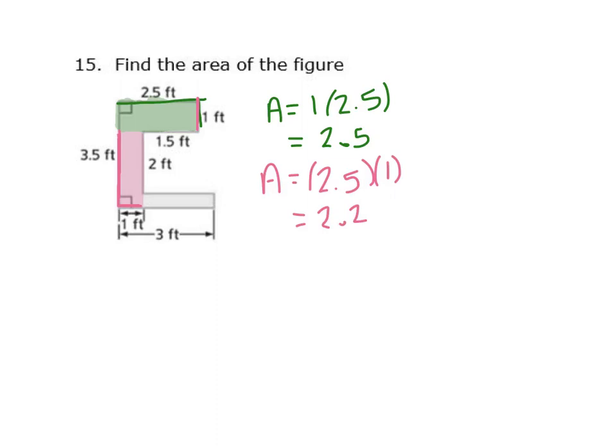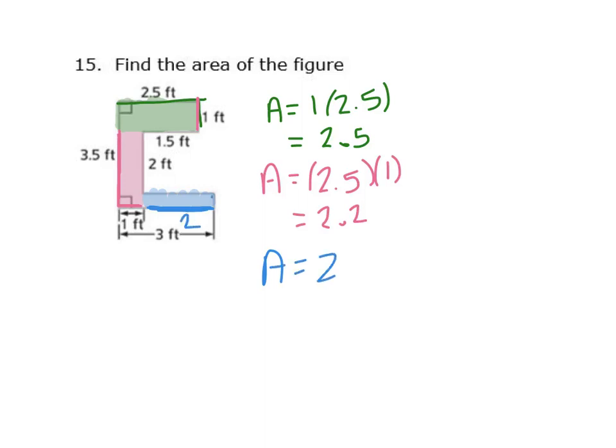And then the last section, once again, I don't need the whole segment. I just need this little piece here. So the whole thing is 3. 3 minus 1 is 2. So area is going to be 2.